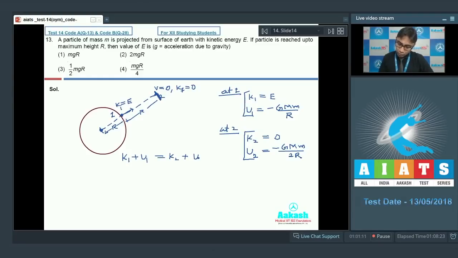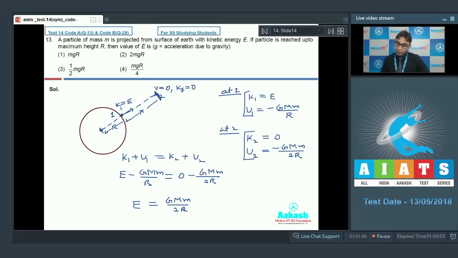plus U2, right? So E minus GMm by r must be equal to 0 minus GMm by 2r. So by solving this, we will get E is equal to GMm upon 2r.